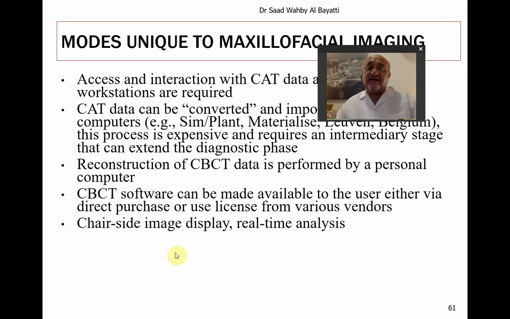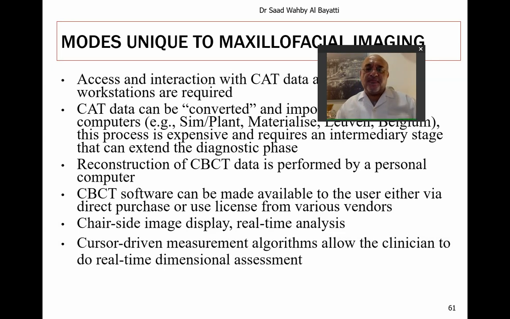Chairside image quality, of course, display, real-time analysis, all these can be purchased on a computer. You can do your cursor-driven measurements with the clinician to do real-time measuring assessment. Because the cone beam now is more dentally oriented and is serving specific needs, and I would say complicated needs.